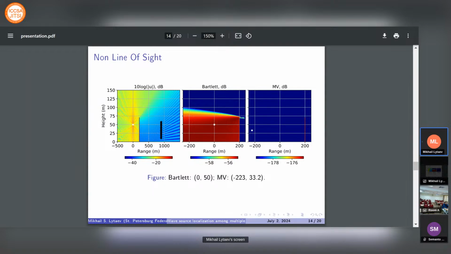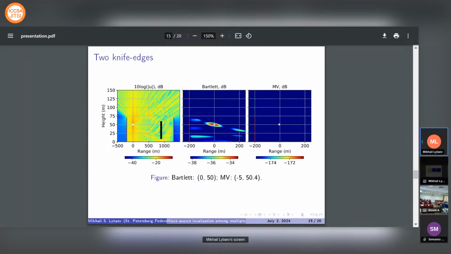Nevertheless, it accurately determined the location of the source. However, the minimum variance method, despite the absence of uncertainty, incorrectly detected the source of radiation.